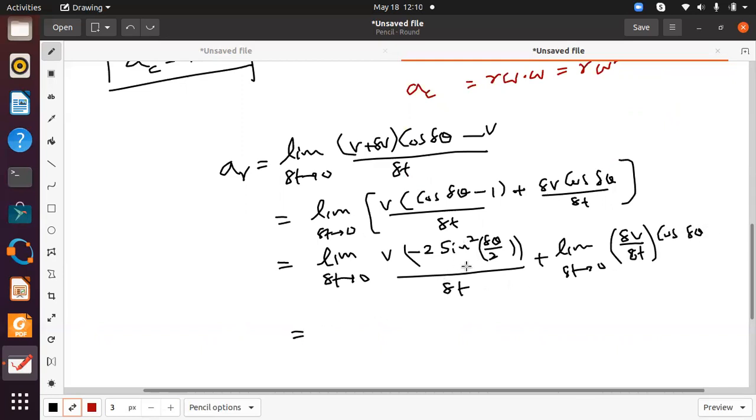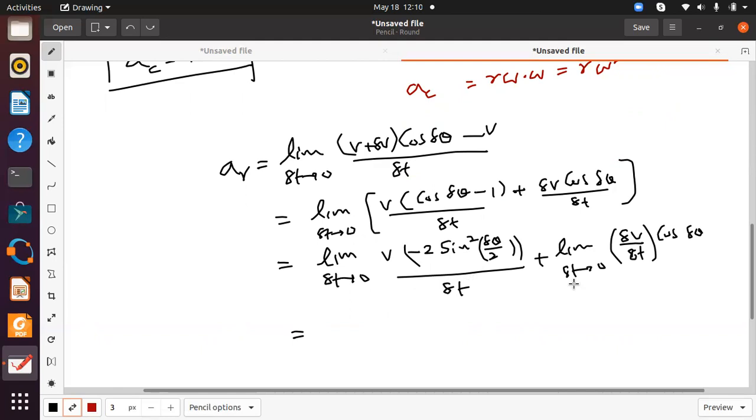I'm not going to go through this. You divide this expression by delta theta over 2 squared, because then we can get rid of this trigonometric limit, and then multiply by the same thing. Then this limit will become 0. So I'll let you do the workout.